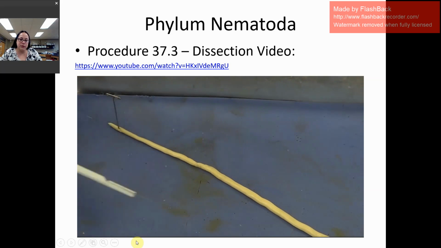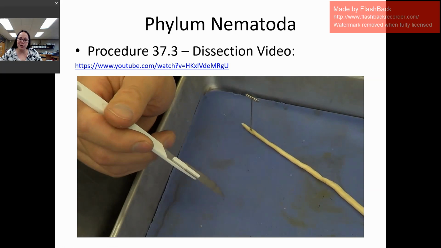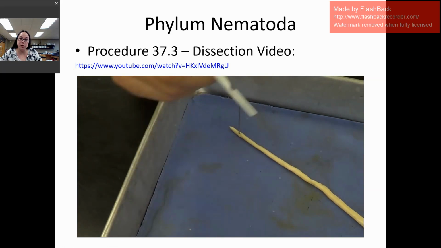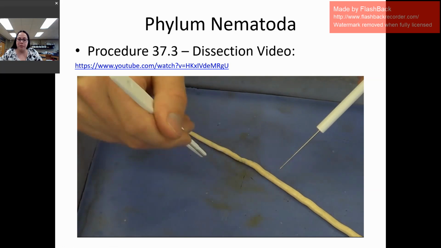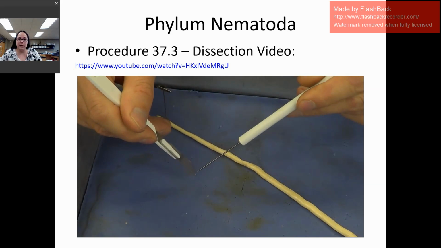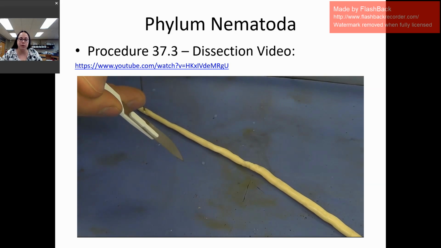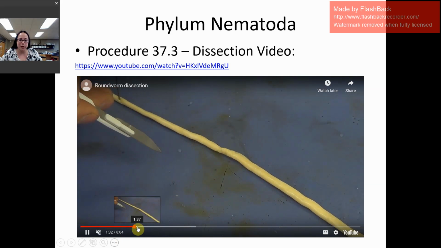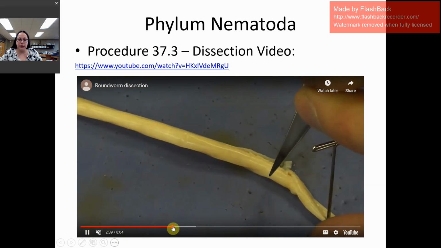Then he's going to use the scalpel, and the best way to cut is to not go too deep or you would destroy all the organs. You just want to use the tip of the blade, cut very slowly, and just cut the skin, the cuticle. I'm going to move a little bit forward.